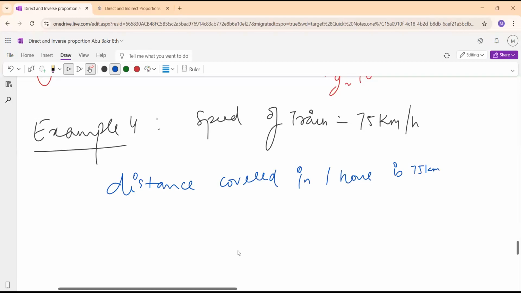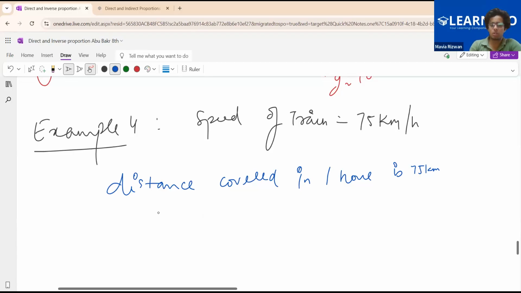Just a minute. Okay, yes, Abubakar. So distance covered in 1 hour is 75 kilometers.